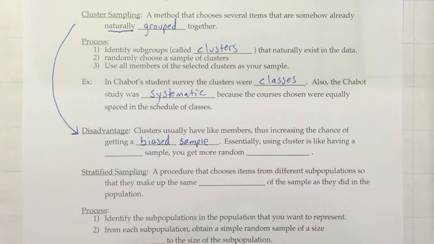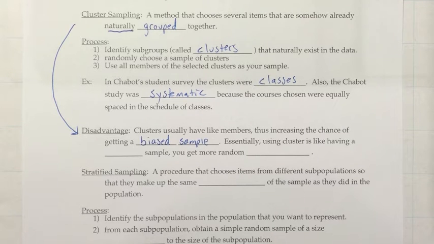If it's a class during the day, it tends to have younger students than if it was a class during the evening. And we want that mixture of people, but it's just important to realize that when you choose a cluster, you're more likely to choose 2 night classes and get an overrepresentation of older students than to have that overrepresentation if you just chose students one at a time.